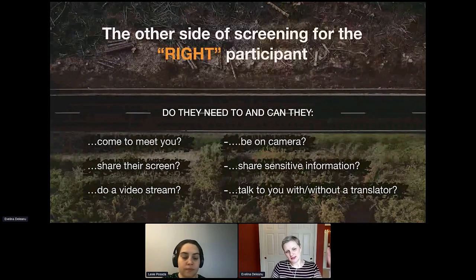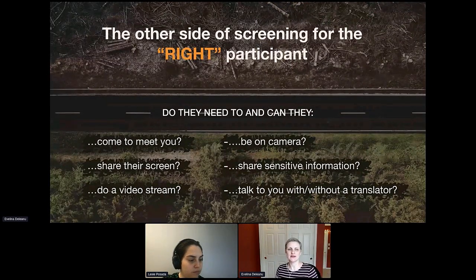So the previous slide covers the criteria for participants that really meet our sample characteristic requirements. But there are other parts of what it means to be the right participant that have nothing to do with their demographics or their behaviors.